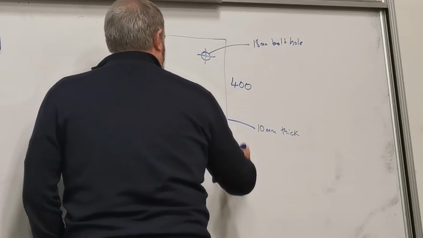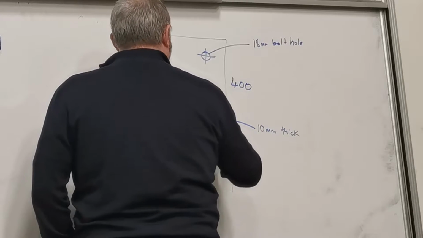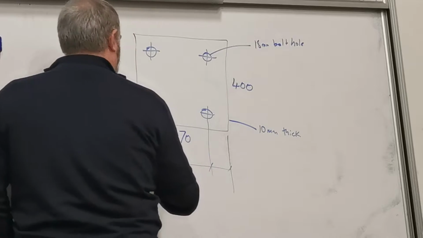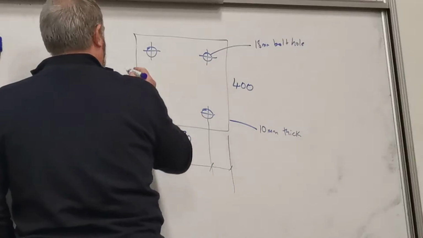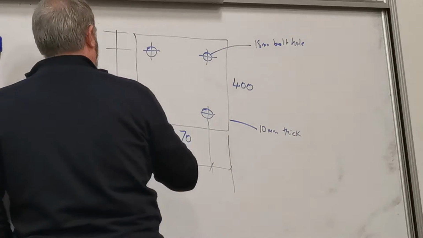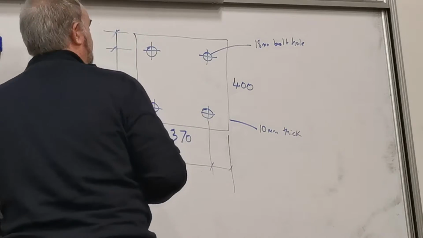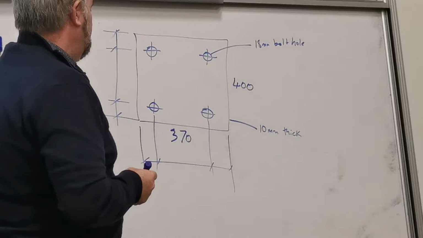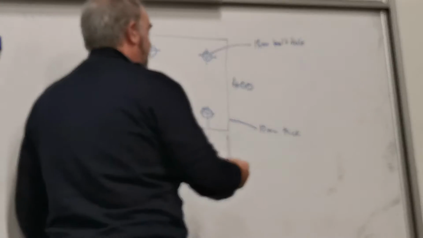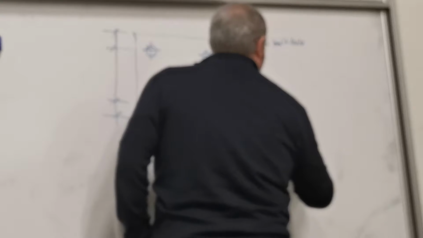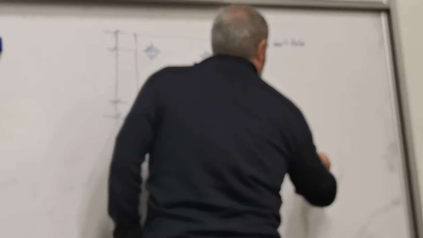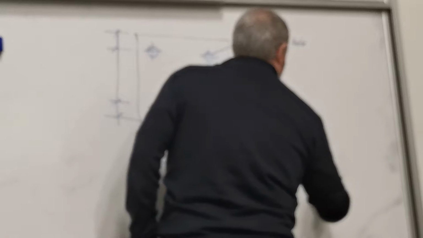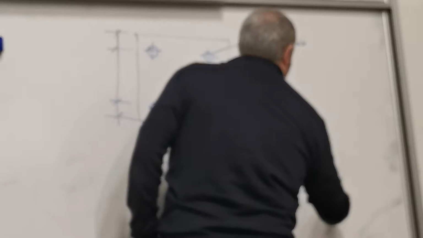What we need to calculate is those distances there and these distances here. So the first thing we do is work out our maximum. Our maximum equals 32t, which equals 32 times 10, which equals 320.